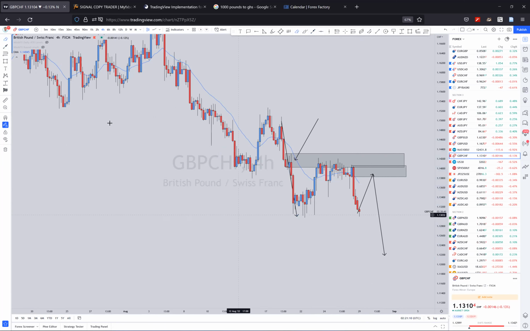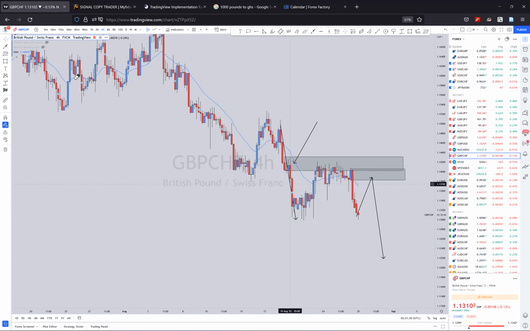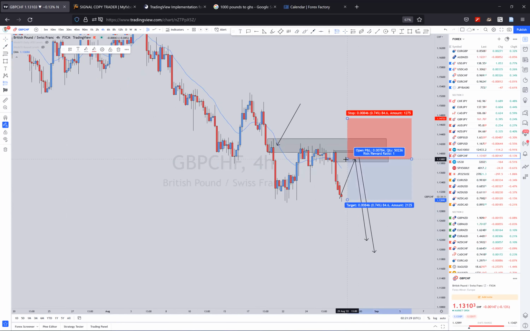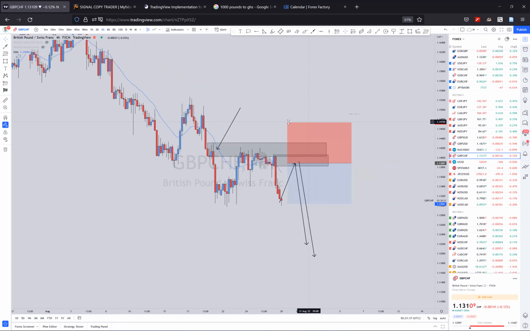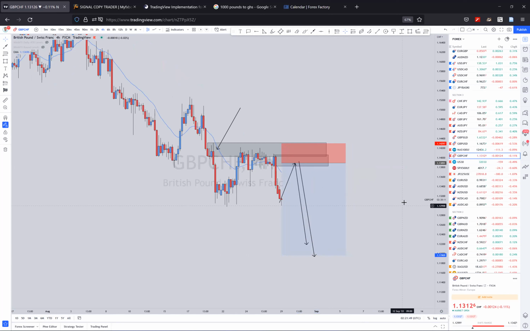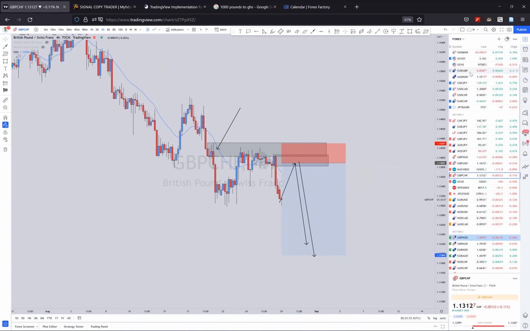Keeping an eye for a potential 200 pips push on GBP CHF here, and we expect that to coincide with that of Euro GBP.